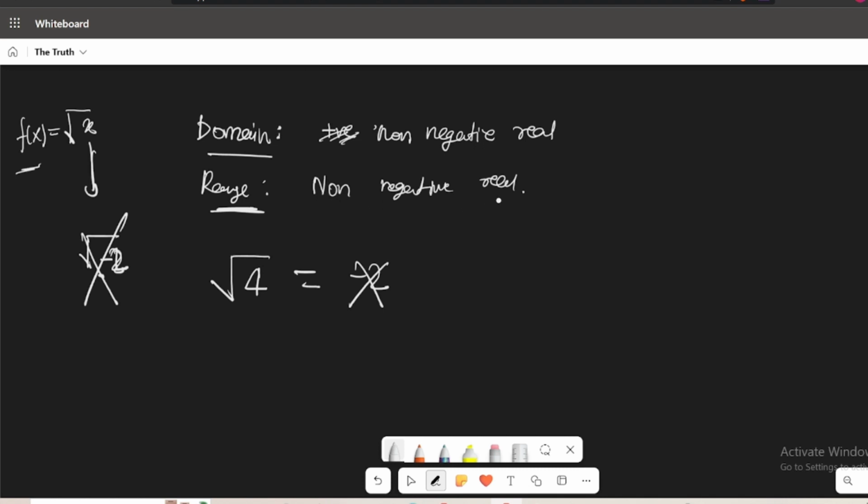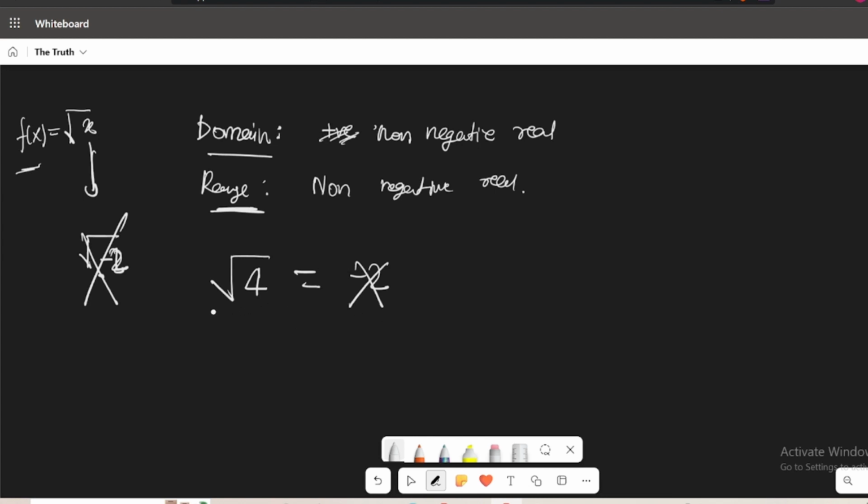Range is non-negative real. You will always get the value either 0 or a positive real number. I'm again saying positive real number. Do not get confused, I'm not saying basically positive integers only. You can get any positive real value, right?